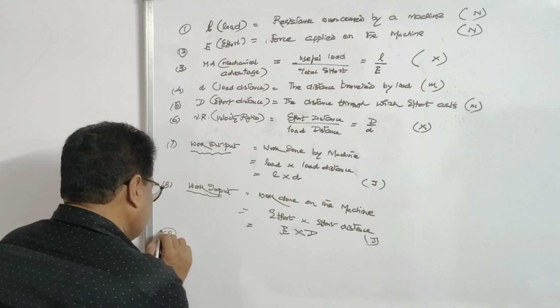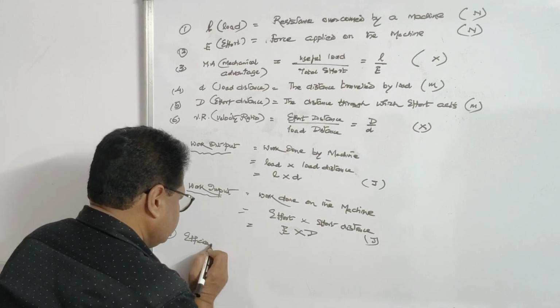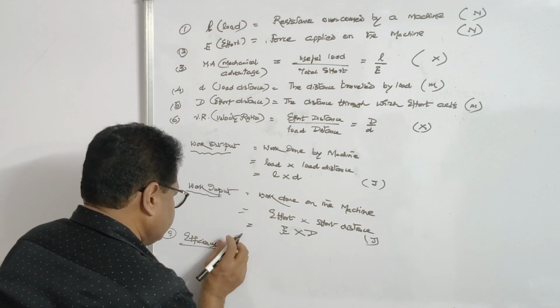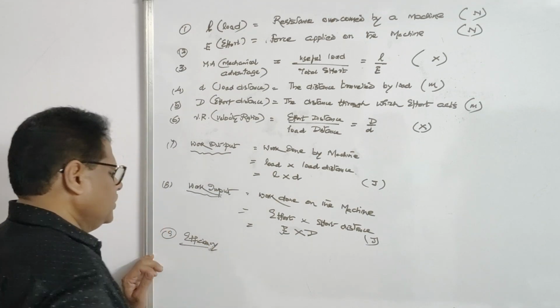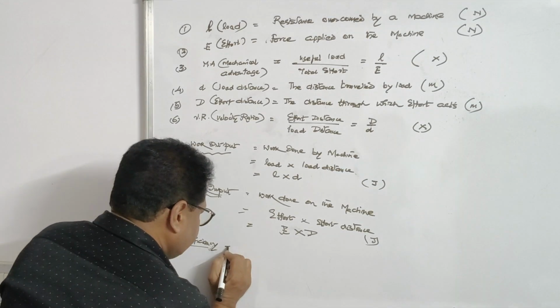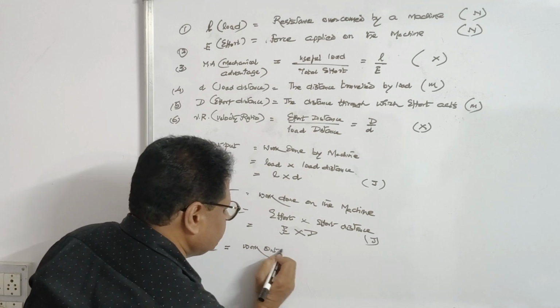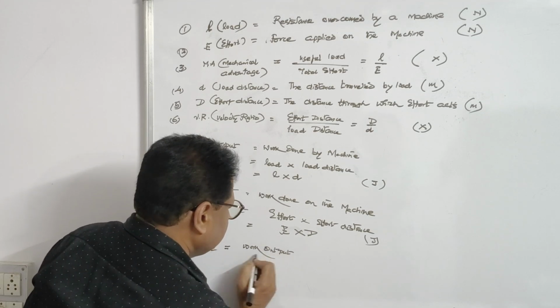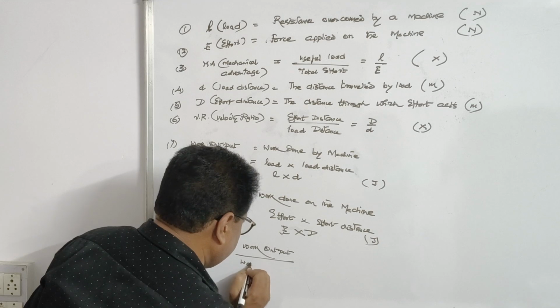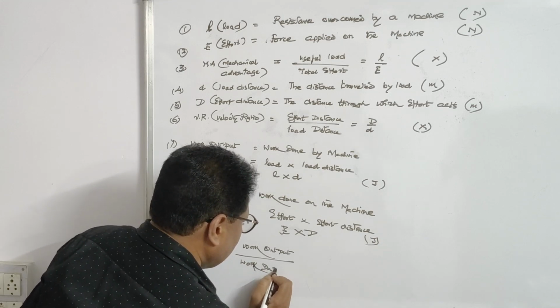Now we are coming to efficiency. The efficiency of a machine is simply the ratio of work output to the work input. So the first expression is work output, that is work done by the machine, to work input, that is work done on the machine.